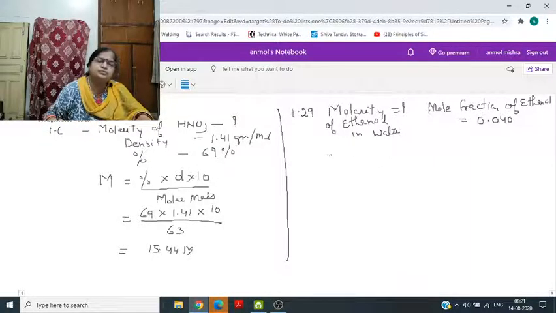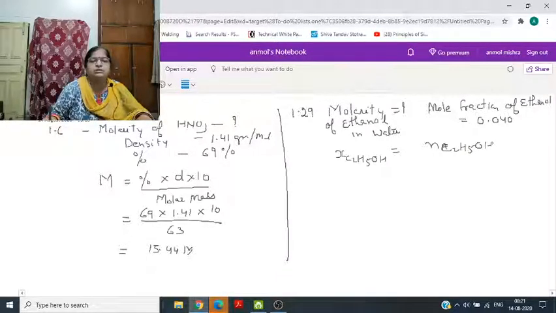So now mole fraction, that is X of C2H5OH, is equal to n of C2H5OH divided by n of C2H5OH plus n of H2O.